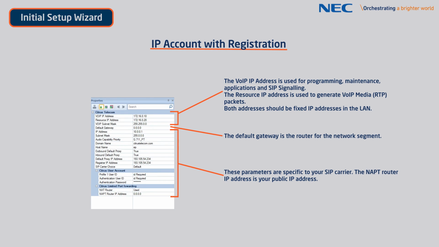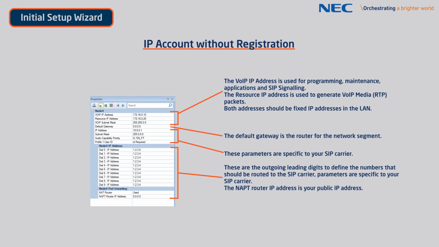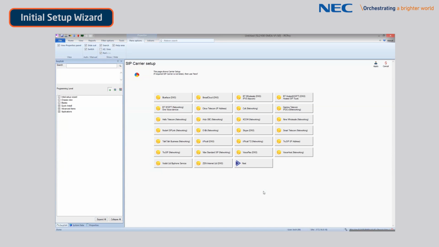For a typical IP address account with registration. For a typical networking IP address account without registration. If your carrier is not listed, then you can click Next to set up a custom carrier.